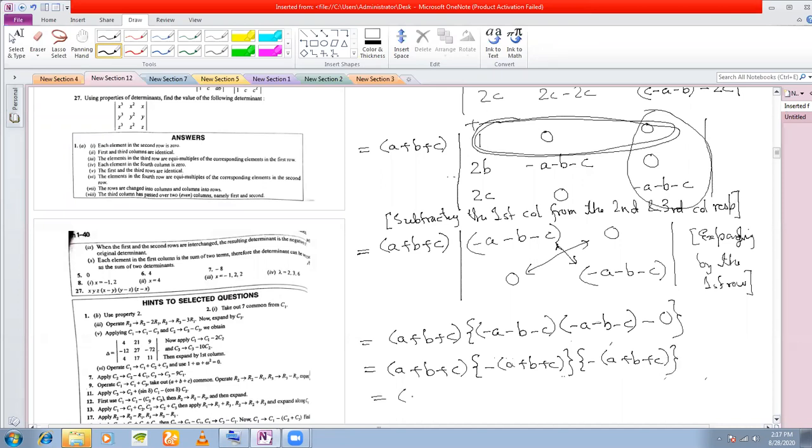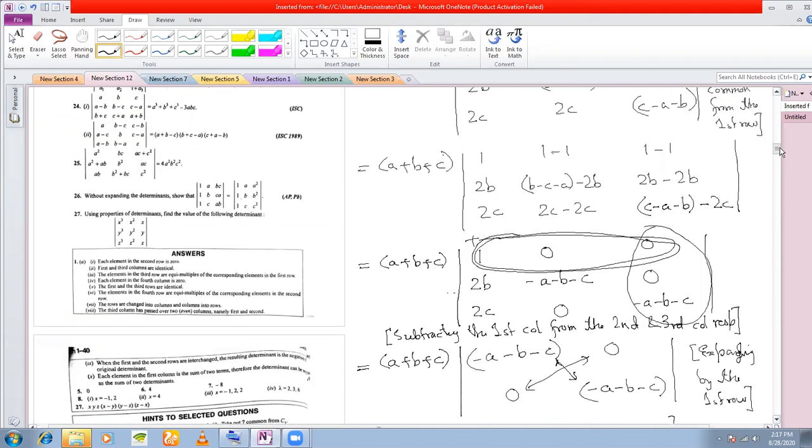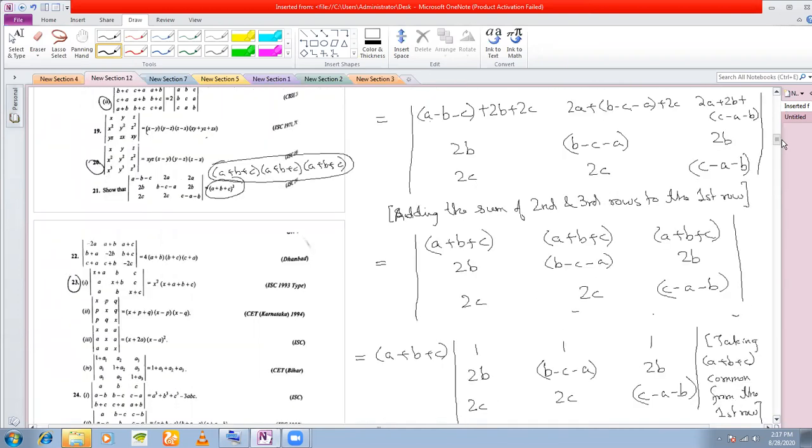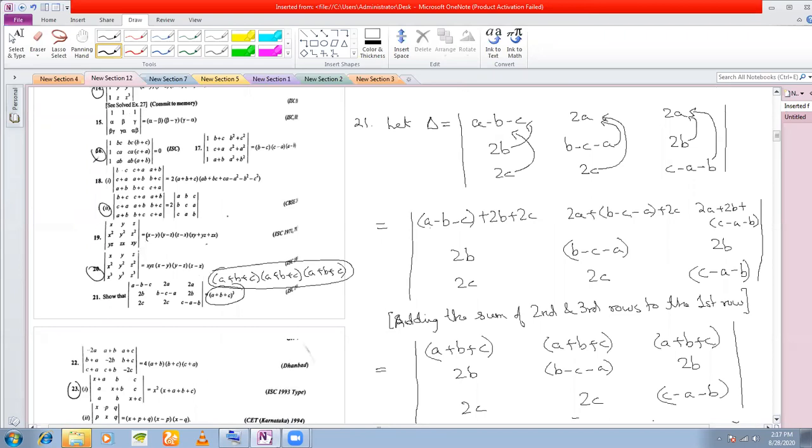So this will give you (A plus B plus C) whole cube. Done? Yes, sir. So what I mean to say here is whenever you get this kind of problem, you will always look at the right hand side.